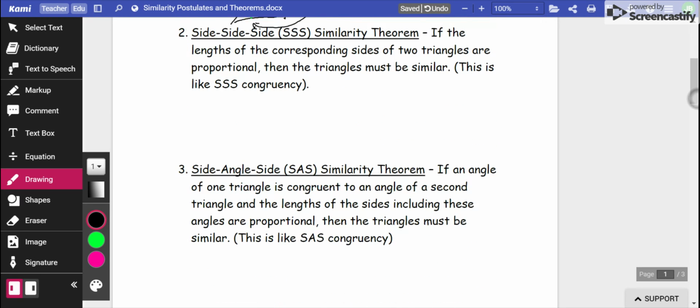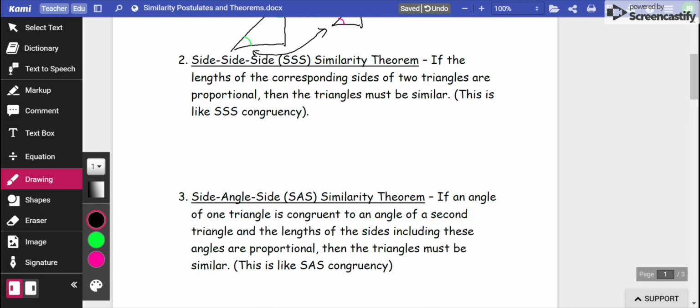If you continue on to side, side, side, what's going on with the side, side, side triangle basically explains if the lengths of the corresponding sides of two triangles are proportional, then the triangles must be similar. What that's showing is that if you have two triangles, let me just make up something here. So I have two triangles here, and the sides of this triangle are 3, 4, and 5.